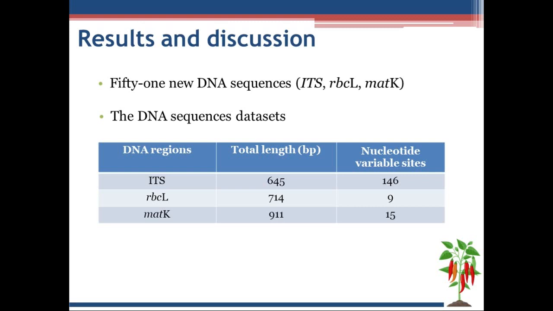Although rbcL and matK are longer than ITS, at 714 base pairs and 911 base pairs, they have very few variable sites, 9 and 15 respectively.